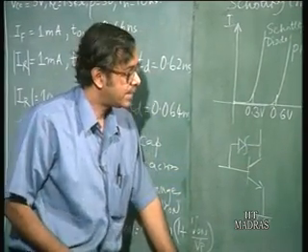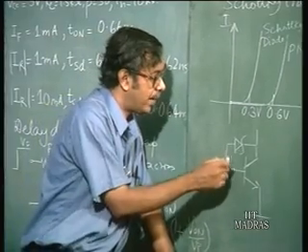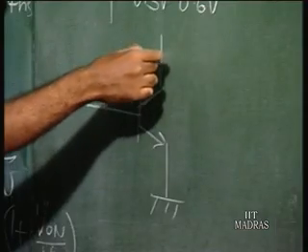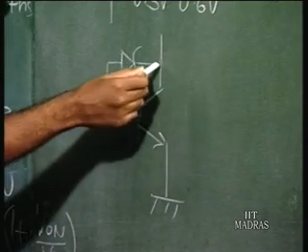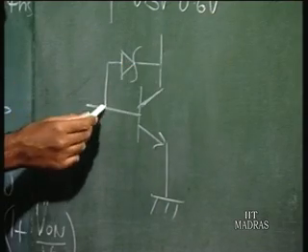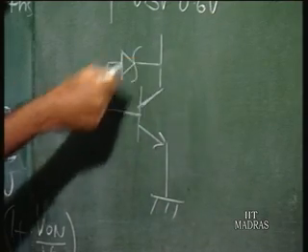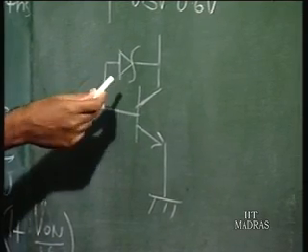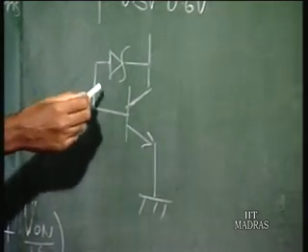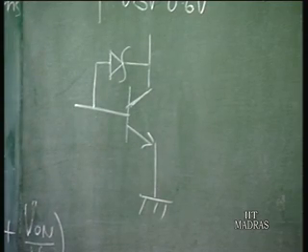Now, in this case, when this collector voltage is falling, suppose this collector voltage is 0.3 volts less than the base voltage, what is going to happen? This Schottky diode will start conducting.